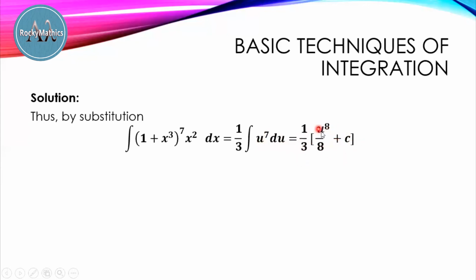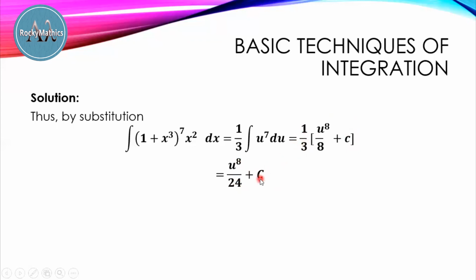If we multiply the 1/3 to this whole expression, 1 times u raised to 8 is u raised to 8, and 3 times 8 is 24. That's why we have u raised to 8 over 24. Then 1/3 times c is 1/3 c. But since c is a constant and 1/3 is a constant, we can use big C to represent that constant.